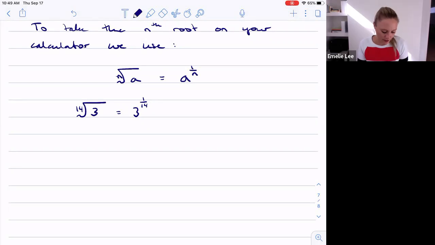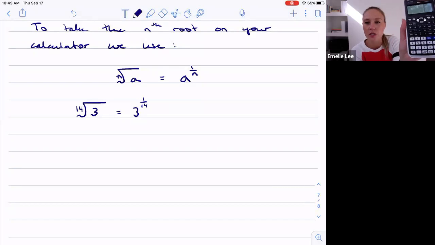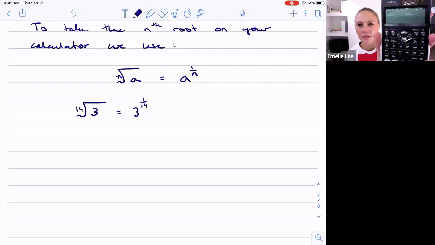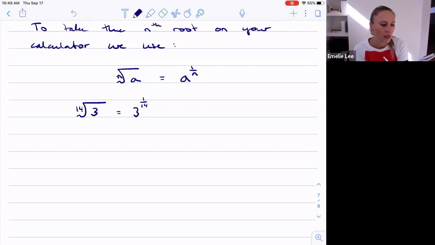Which on your calculator, 3 to the power, so you've got that power button, right? And then just make sure that the whole 1 over 14 is in the power when you enter it. So 1 divided by 14, it should all just stay up top there, right? If it doesn't, you'll have to put brackets around it, or if your screen doesn't show you what it's entering, then definitely put brackets around the 1 over 14.